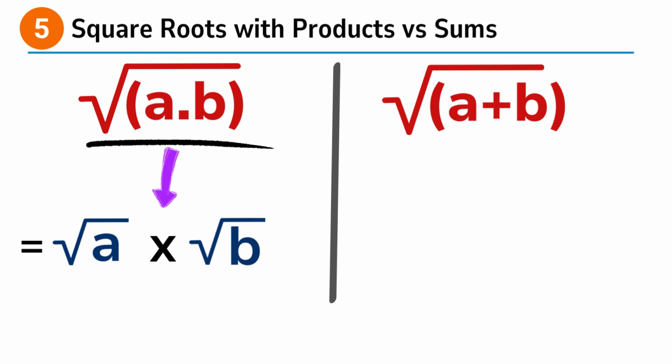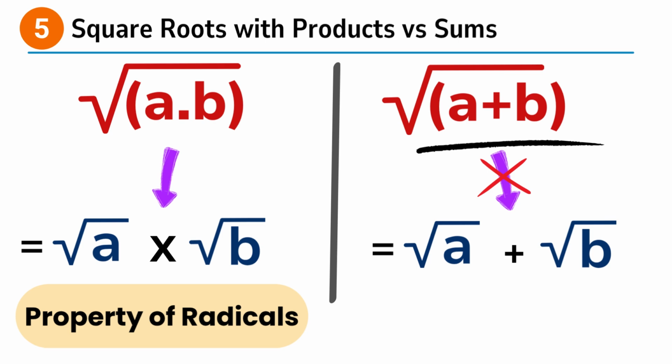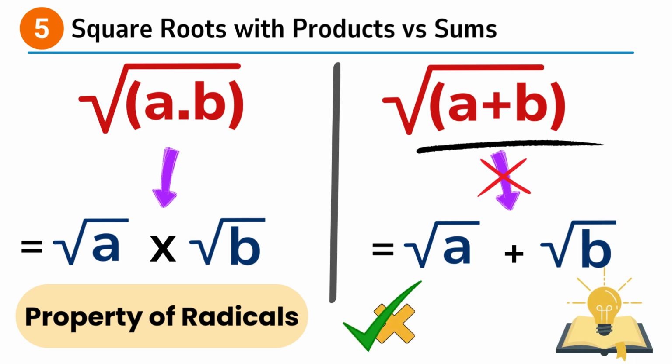That's a legit rule, called the product property of radicals. But the second one? Square root of a plus b? We cannot split that into square root of a plus square root of b. That shortcut just doesn't work. So remember this simple idea. Square roots play nicely with multiplication, but never with addition.